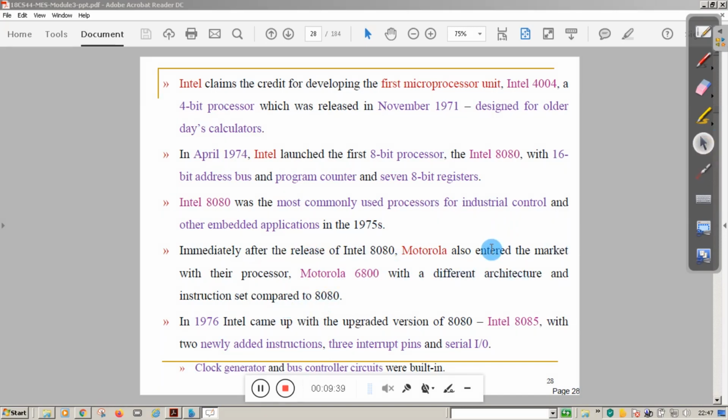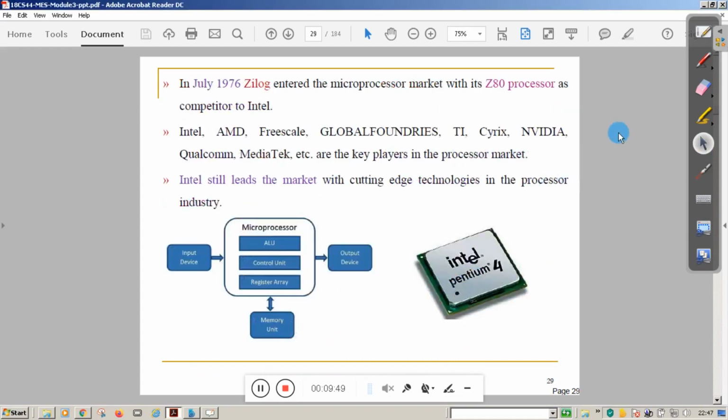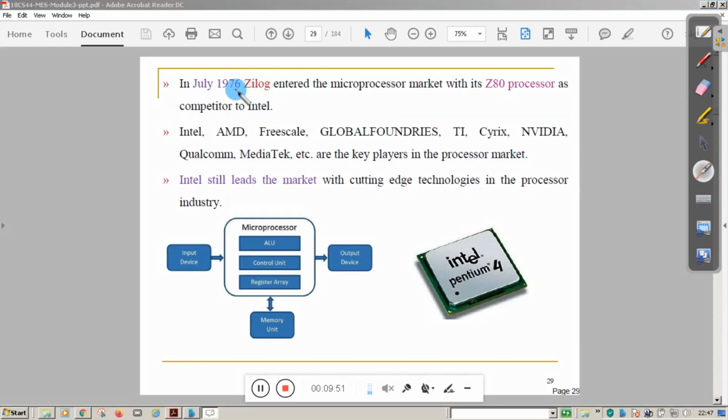The next version of the Intel 8080 was 8085, which is an 8-bit microprocessor. In July 1976, Zilog entered the market with its own processor called Z80 as a competitor to Intel.